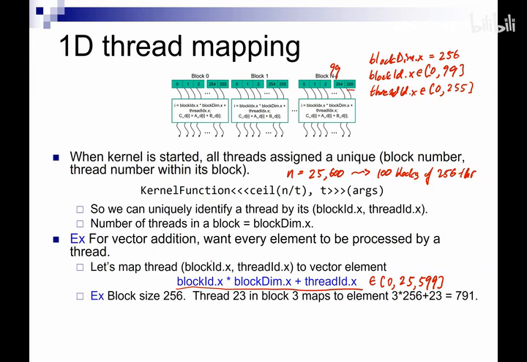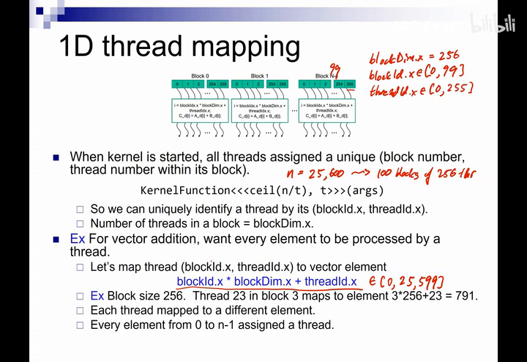For example, if you take the 23rd thread in block 3, we are going to map that to element 791. So you can check that every element in the vector from 0 to n-1 was assigned some thread: for every number from 0 to n-1, we can find some settings for these two numbers within their ranges so that this formula equals the number.